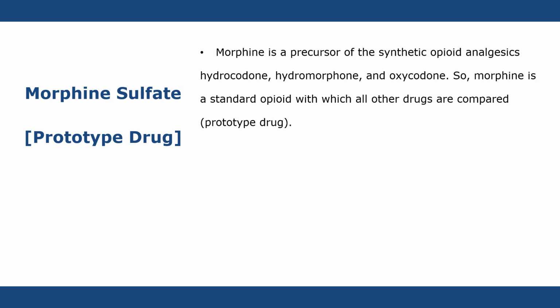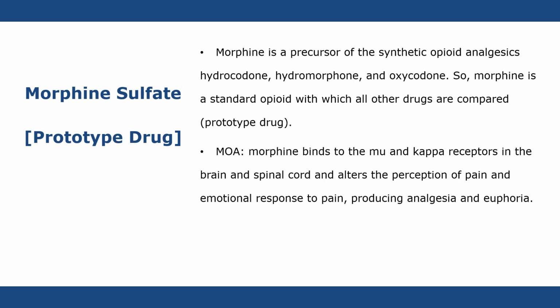Morphine sulfate is a precursor of synthetic opioid analgesics, such as hydrocodone, hydromorphone, oxycodone. We'll talk about that in a minute. Morphine is a standard opioid with which all other drugs are compared, and that's the definition of a prototype drug anyways, right?